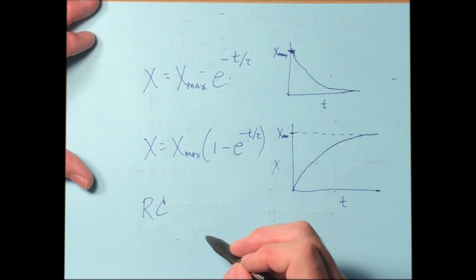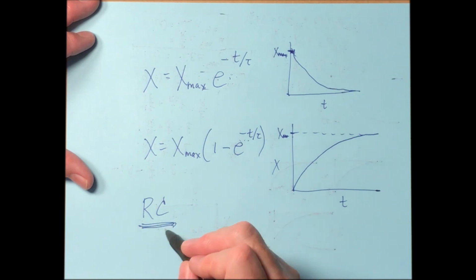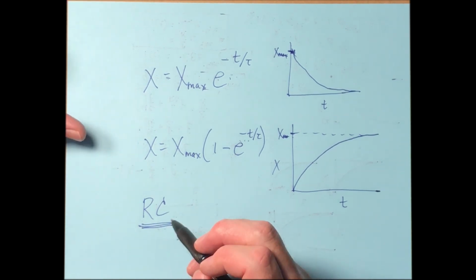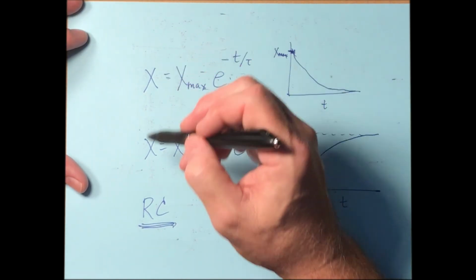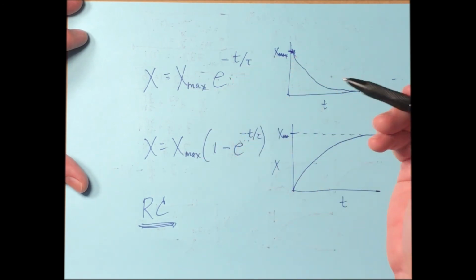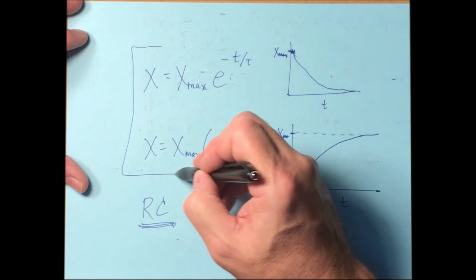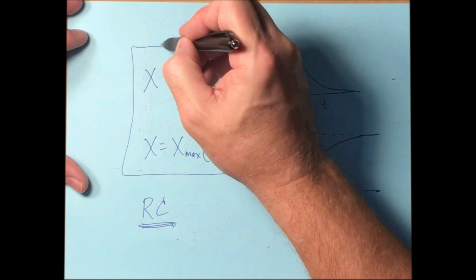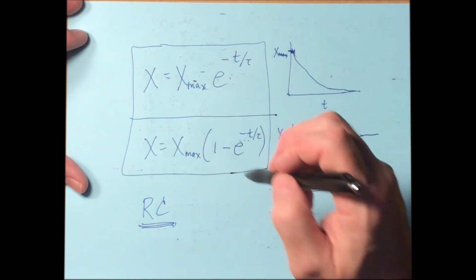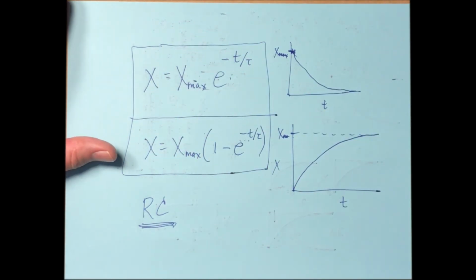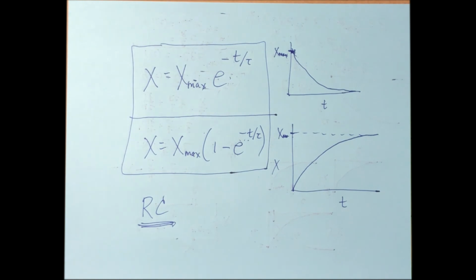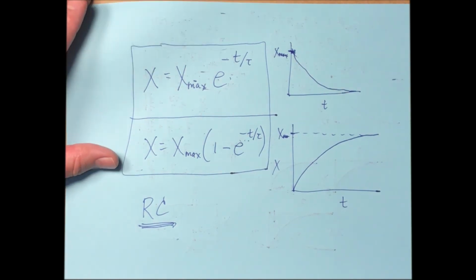So RC circuits, regardless of how you build them, the voltages or the currents, depending on whichever you're after, are going to look like one of these two possibilities. And that's really it. Those are the only two possibilities for the general form of the solution for either voltages or currents across anything. All right, so let's work a problem then.